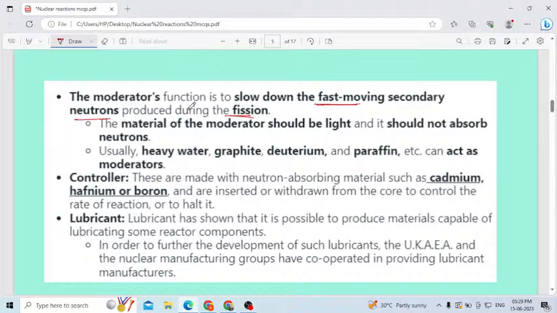The material of the moderator should be light, but it should not absorb neutrons. It only slows down the movement of the neutrons.